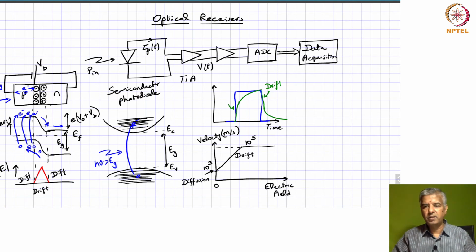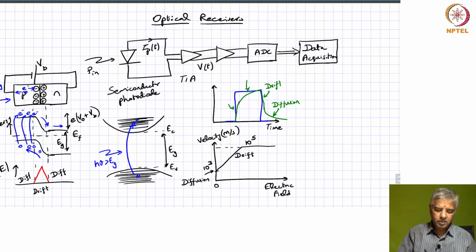Okay, so that actually creates this initial signal, initial photocurrent, and these regions, which are relatively slower, that's because of diffusion. Okay, all these events wherever diffusion is happening will constitute a relatively slow component. So this is once again diffusion, this is drift.